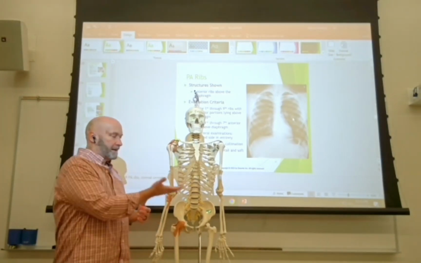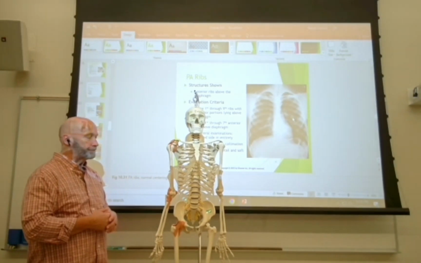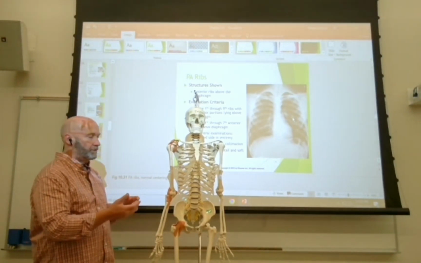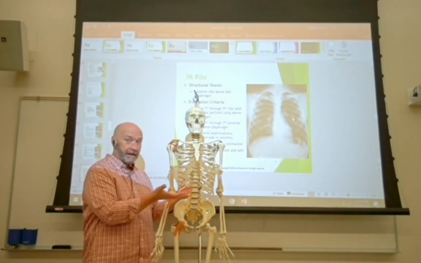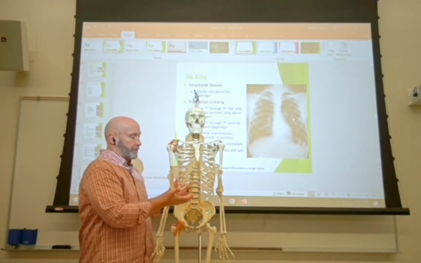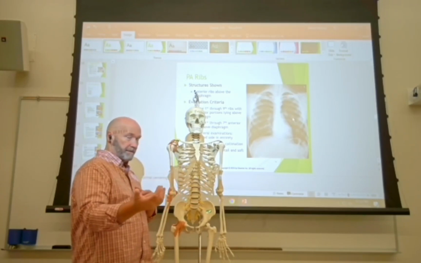So you might not get 10 posterior ribs. In addition to that, the diaphragms may be going across a rib. You might not see the entire rib.